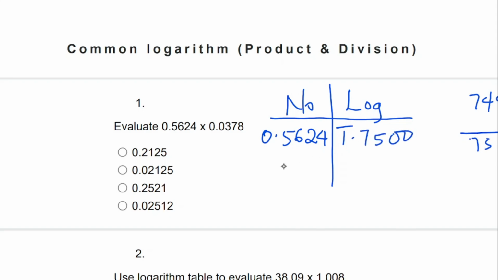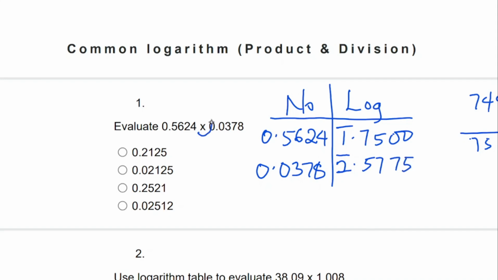The next number is 0.0378. The characteristic here will be what? Bar 2, that is negative 2. We check 37 under 8, which gives us 5775.